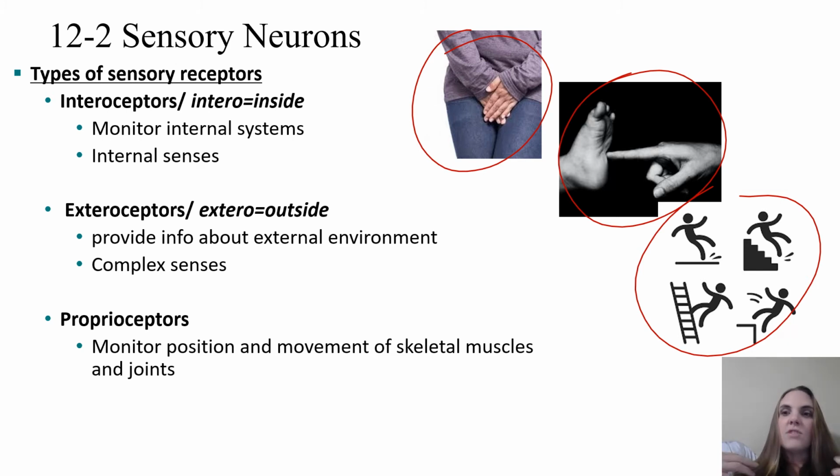So if you closed your eyes, you would still be able to walk across the room or even probably walk up a flight of stairs or up a ladder because your body has an idea of where it is in relation to the environment. If you had a problem with your proprioceptors, your body would not know where it was in relation to the environment, and you would probably end up stumbling or falling.